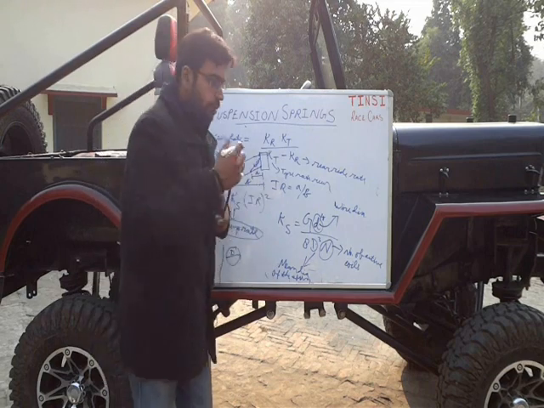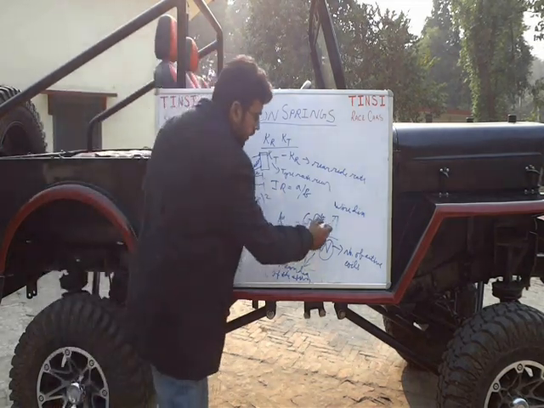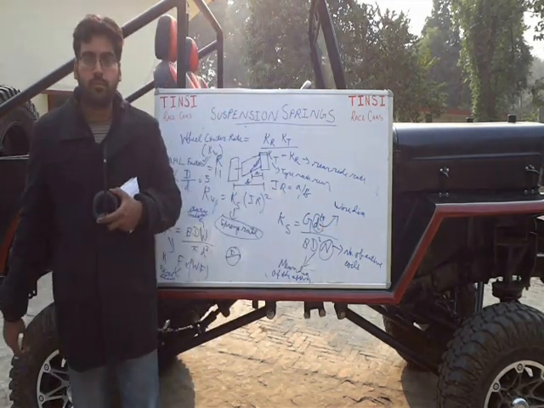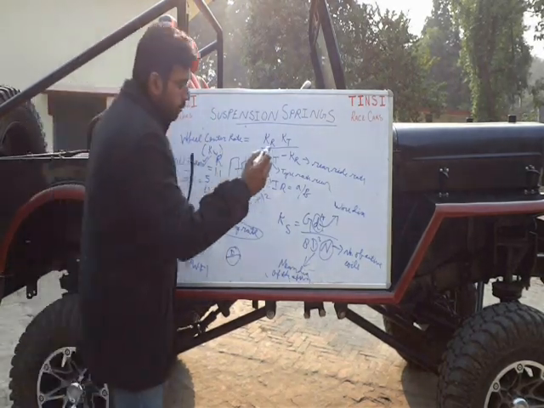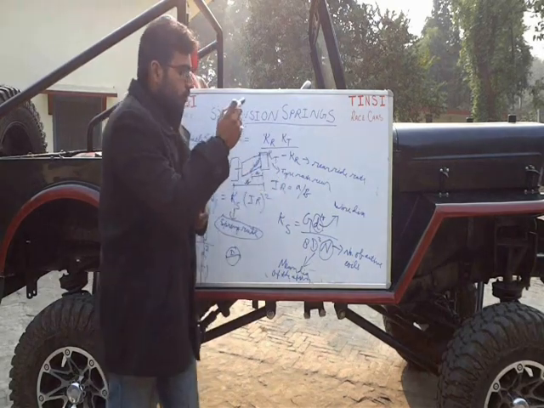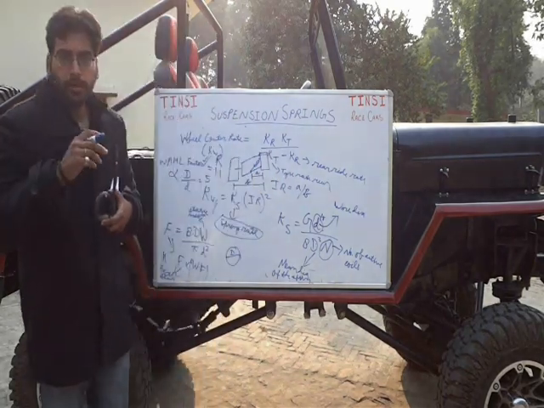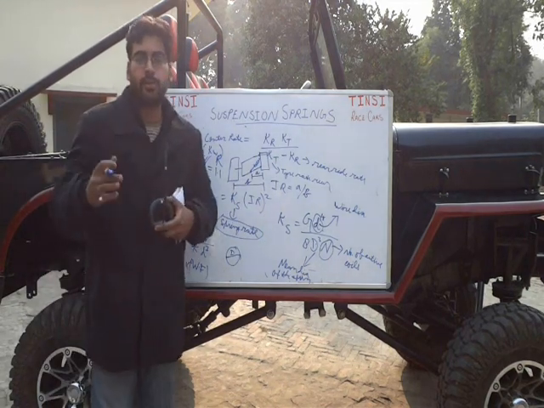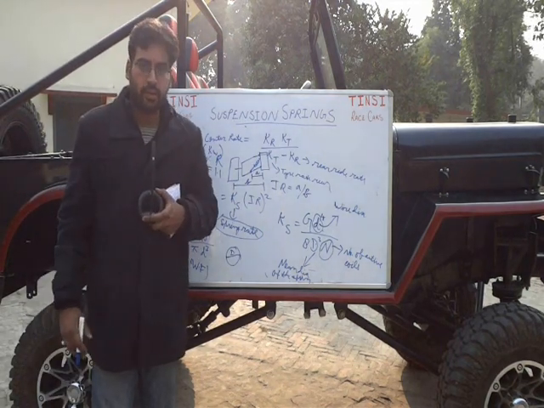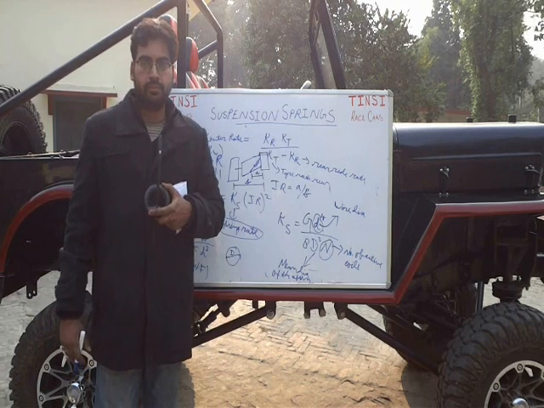So for your stress value, you can find this d from that table. Okay, so in this way, finally we have the number of active coils, wire diameter, and the mean diameter of the spring. So with this, now your spring is completely ready. You can go to the manufacturer and start racing.